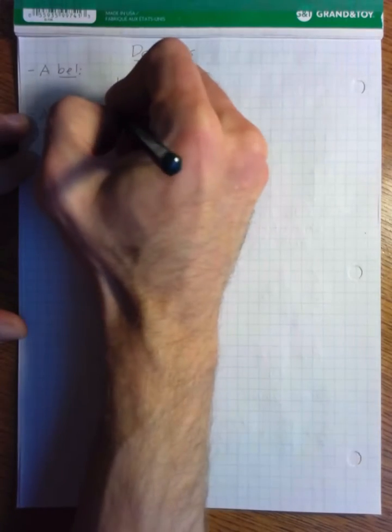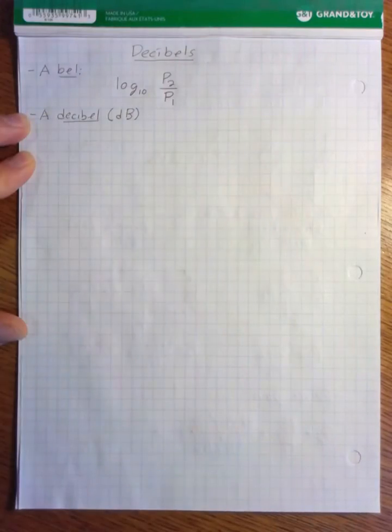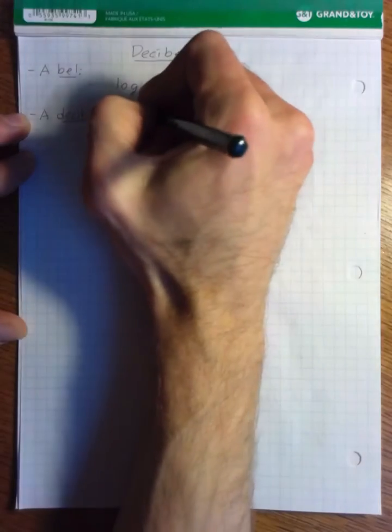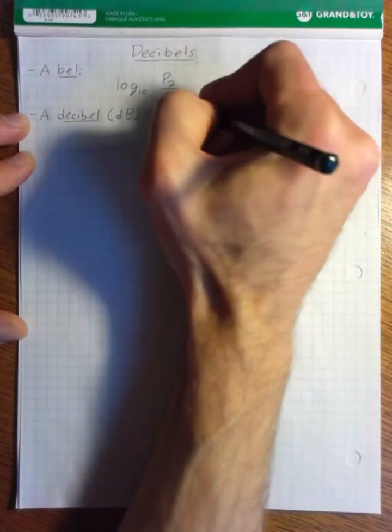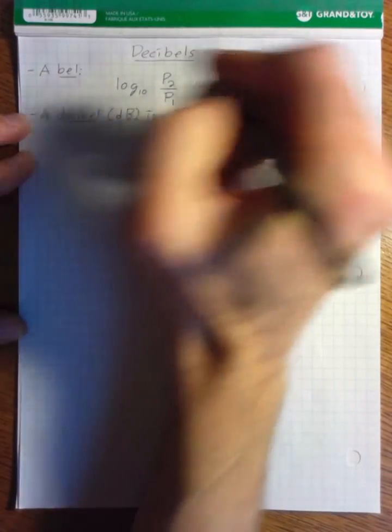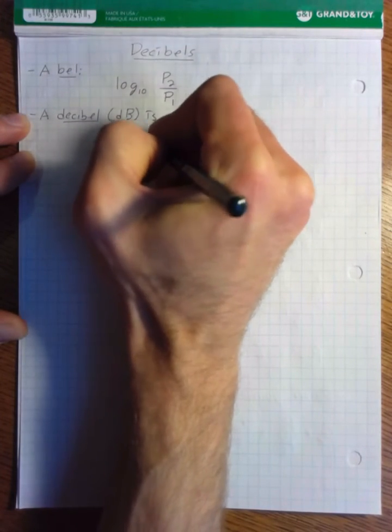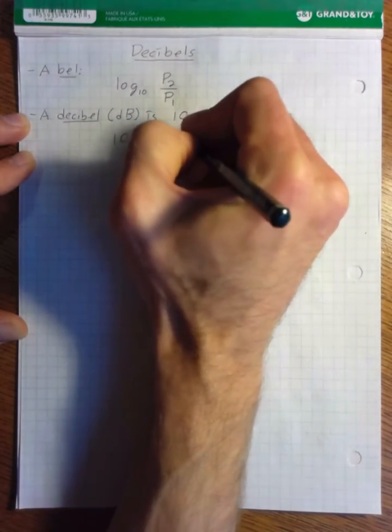We often abbreviate decibels as dB, or we refer to them as dBs. But the definition of a decibel is just 10 times log base 10 of P2 over P1.